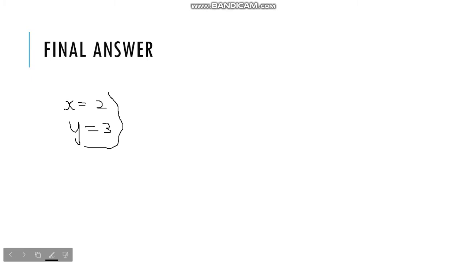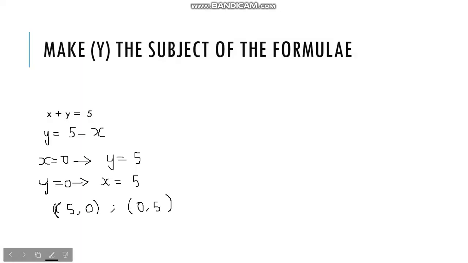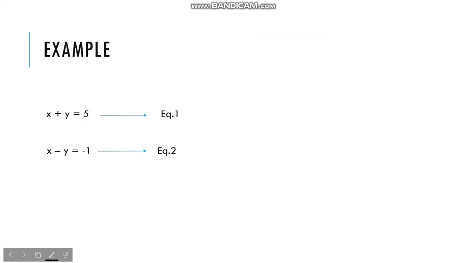Of course, this is only an approximation because I did not draw the lines perfectly. We can verify if the answers are quite close by checking over here. So if x is 2 and y is 3, then 2 plus 3 is equal to 5.